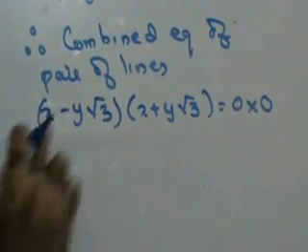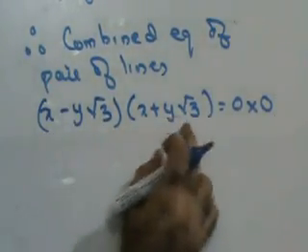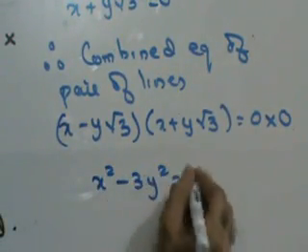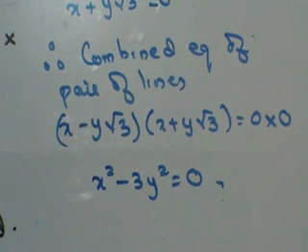I am multiplying the two equations, guys. This is in the form a minus b, a plus b. So this will be a square minus b square is equal to 0. So the combined equation of pair of lines will be x square minus 3y square is 0. Let's move on to the next one, people.